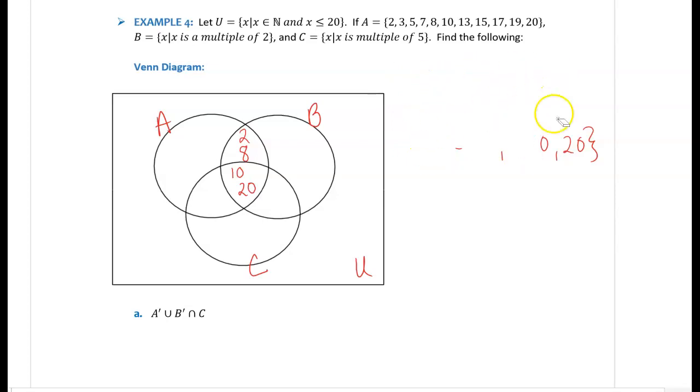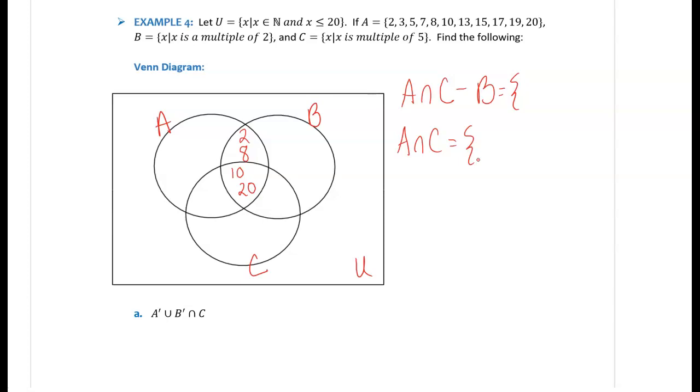Similarly, we need to find what the elements of A intersected with C, not set B, would be. But first we need to find the elements in A intersected with C. So set C are multiples of 5.